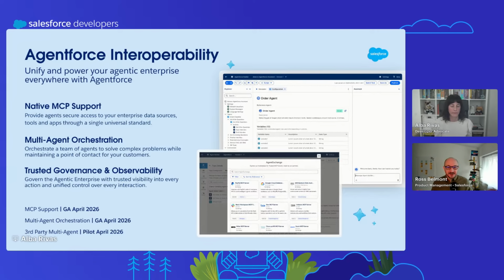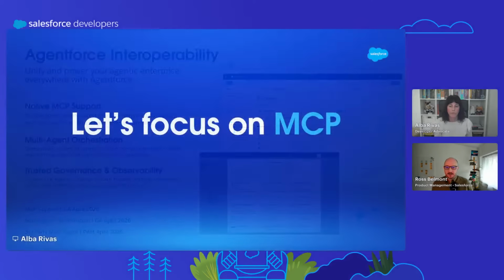We've got a lot of irons in the fire. You've probably heard about the MCP client when it comes to Agentforce. Other multi-agent orchestration, A2A, is on the horizon as well. There's a lot happening, and we're just going to focus in on MCP servers today for the sake of this conversation.